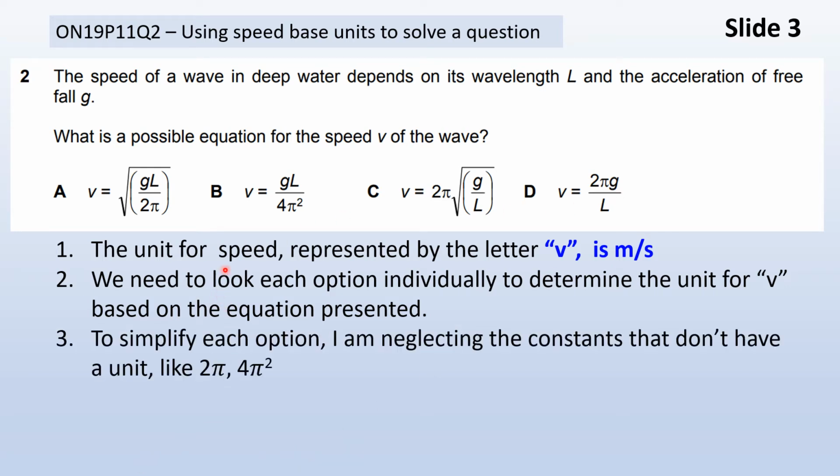To simplify each option, I'm going to neglect the constants that don't have a unit, for example 2 pi, 4 pi square, 2 pi again, and 2 pi again. So I'm going to neglect all this and be working only with g and L.